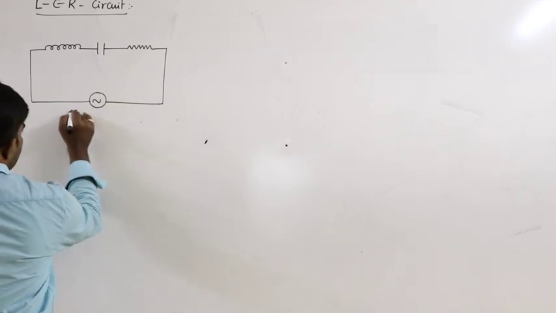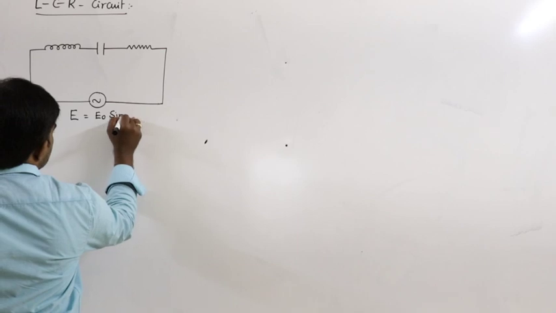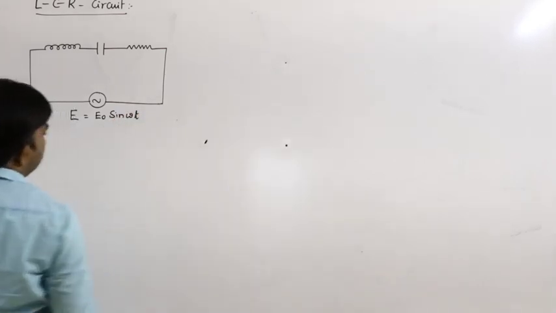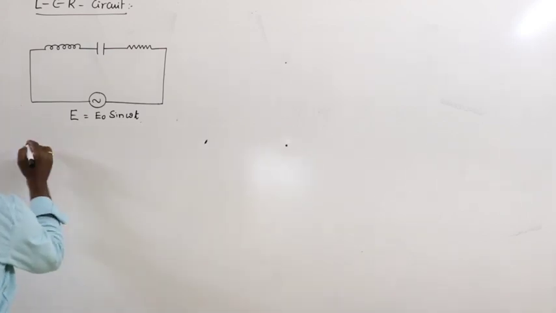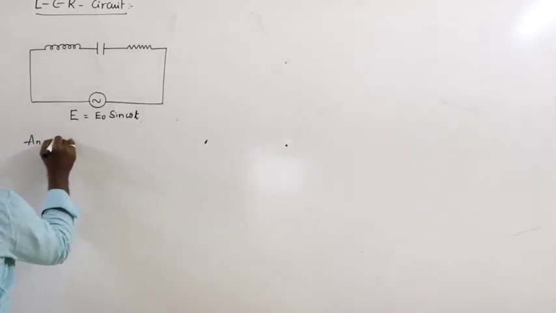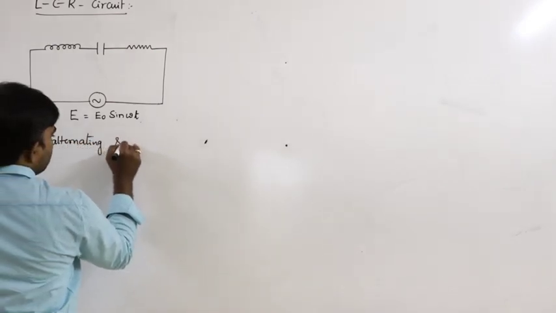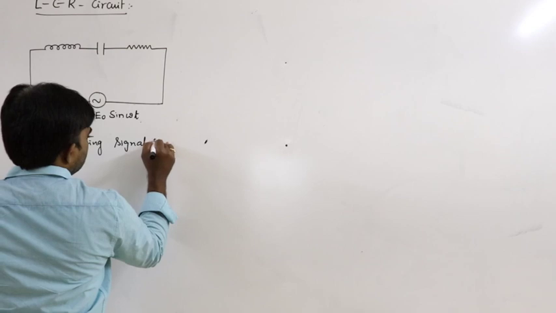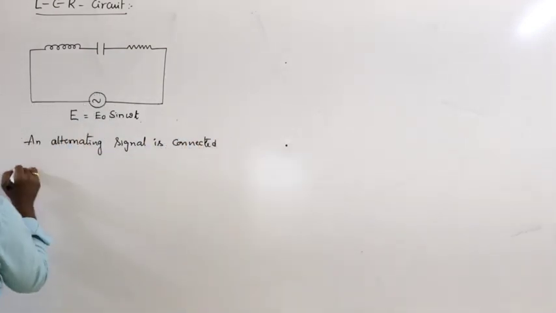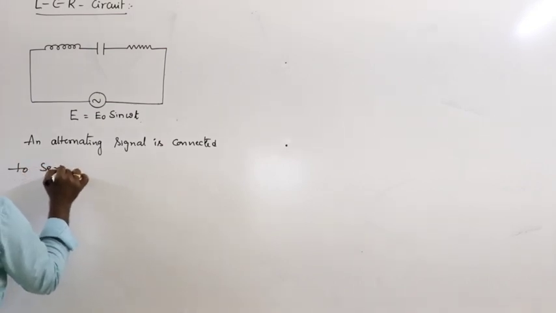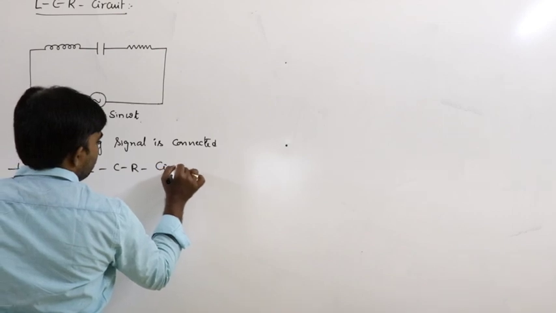So here E is equals to E naught sin omega t. So alternating EMF. Here an alternating signal is connected to a series LCR circuit.